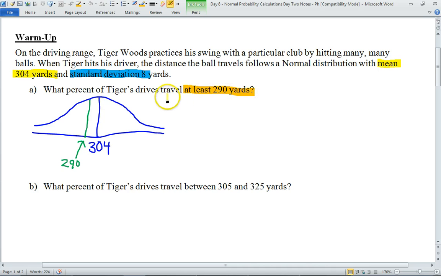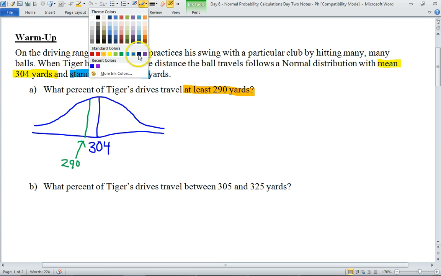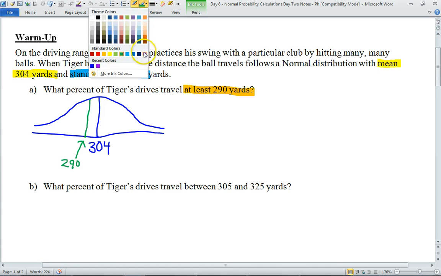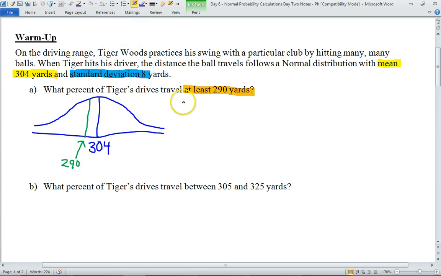Okay, at least 290. Is that 290 and greater, or 290 and less? Okay, I'm hoping that you understand that at least 290 means we are looking for the percentage of values that are greater than or equal to 290.